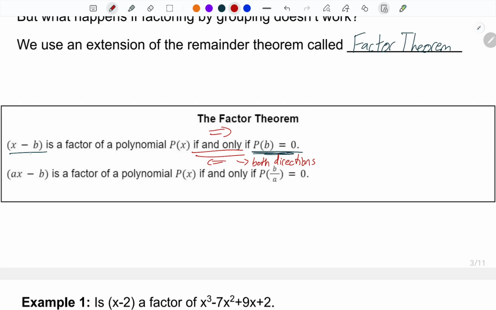That factor could be just a single number, or if you have a fraction that you're plugging in, like in part 2 of this statement of the factor theorem, then the factor is written as ax minus b, because if you were to set ax minus b equal to 0 and find the root, that would solve to b over a. So that's what's happening there. And that's the direction we're really going to focus on to actually be able to factor.